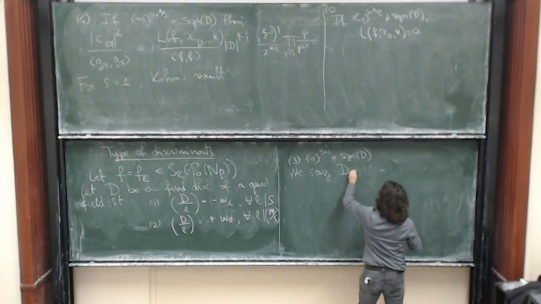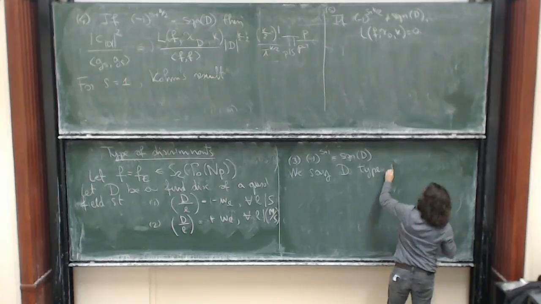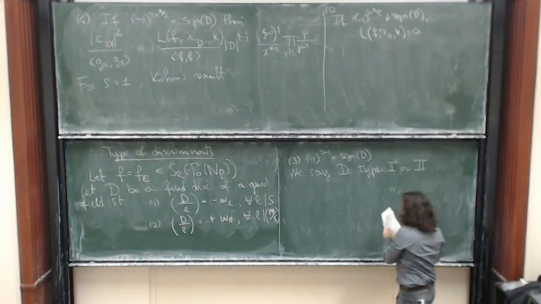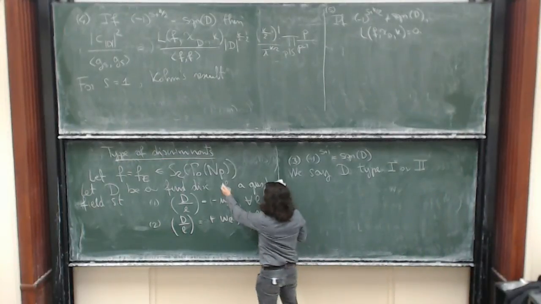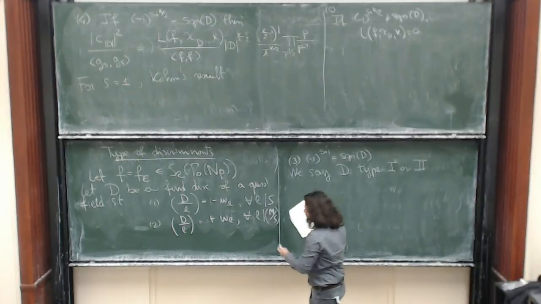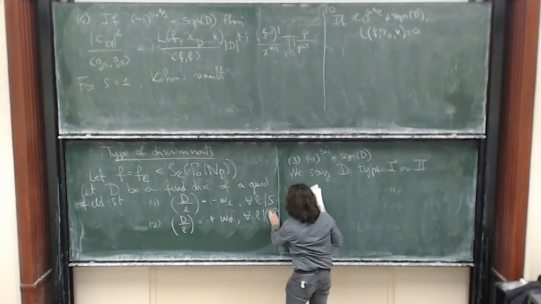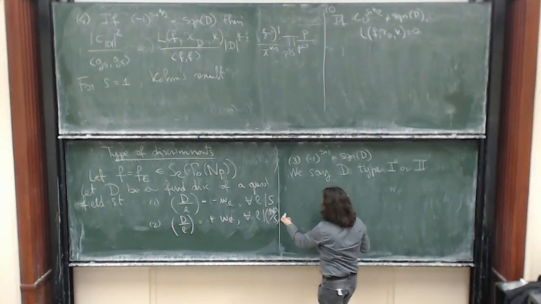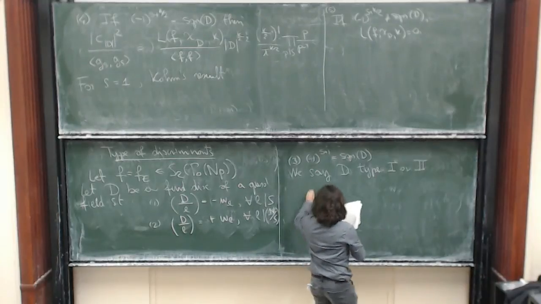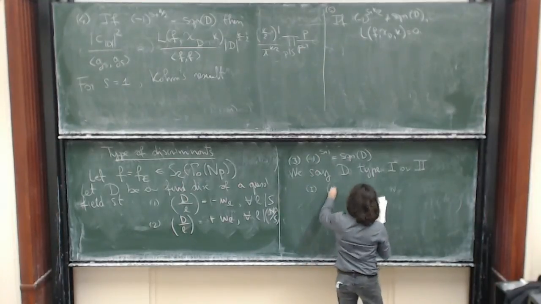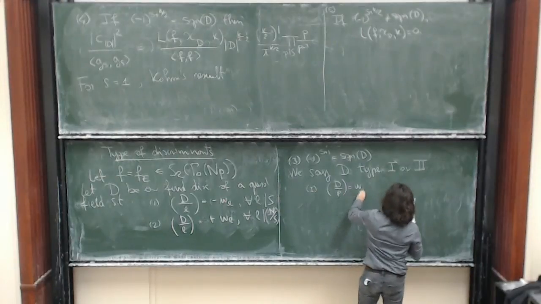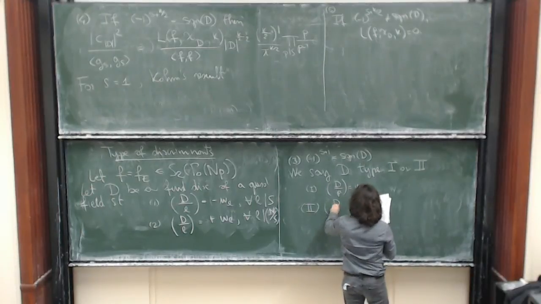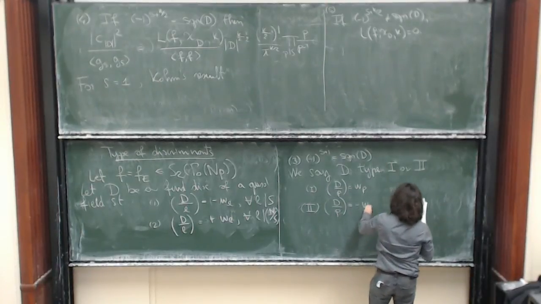We say that D is of type 1 or 2, according to its behavior on the primes P, which we didn't consider up to now. So we imposed conditions on primes dividing S, and primes dividing N but not S. So we now consider the prime P. The first type are those for which D over P is equal to WP, and the second are those for which D over P is equal to minus WP.